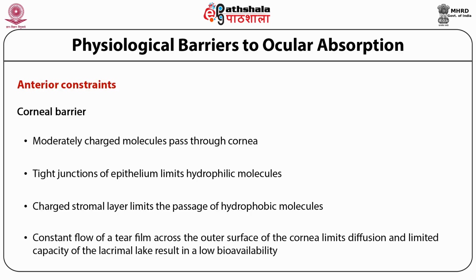Constant flow of a tear film across the outer surface of the cornea limits diffusion, and the limited capacity of the lacrimal sac results in a low bioavailability of 1 to 7% for most drugs and even lower for macromolecules.